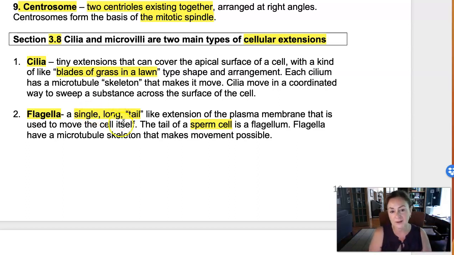The flagellum will have an infrastructure like the cilia, so it has that 9+2 microtubule arrangement anchored to the sperm cell by the basal body or the centriole, and then it moves so that the cell actually moves to the site of fertilization. So a flagellum, singular, is a modal process also.